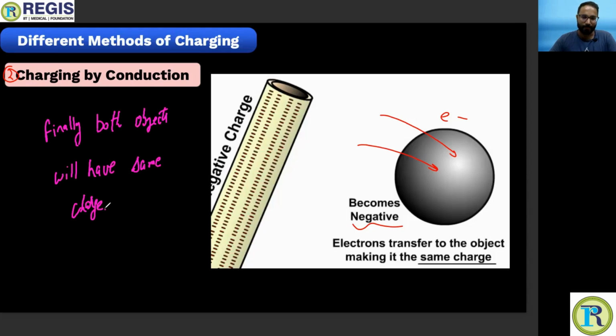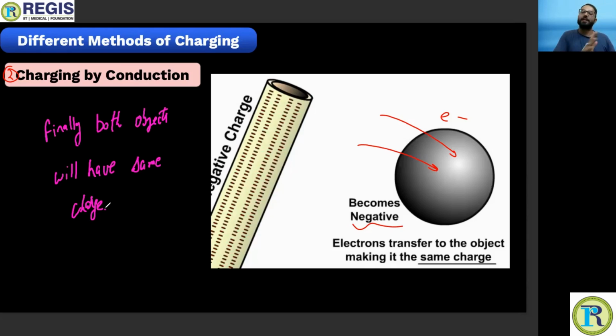Because of the charge difference, extra electrons will move towards the deficient object. But after some time, the polarity and the amount of charge will be the same on both objects.